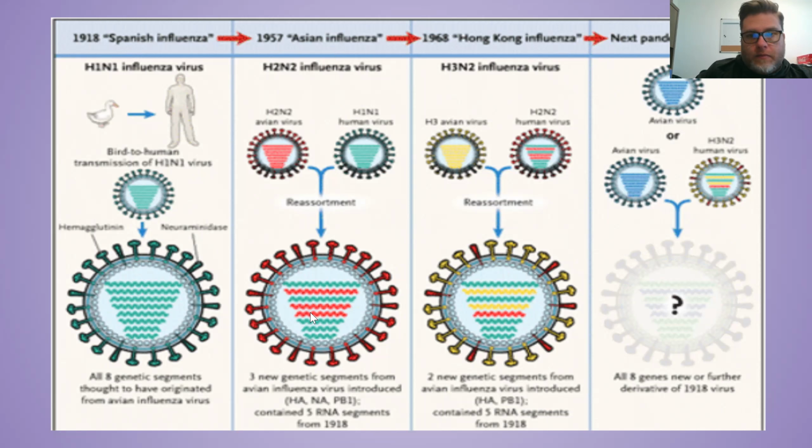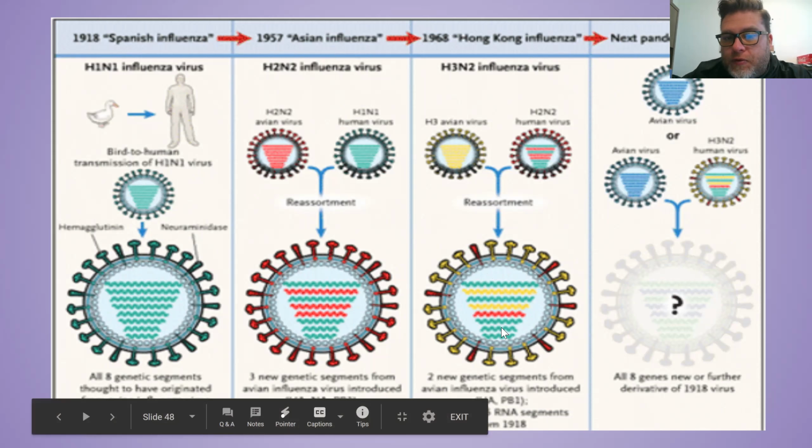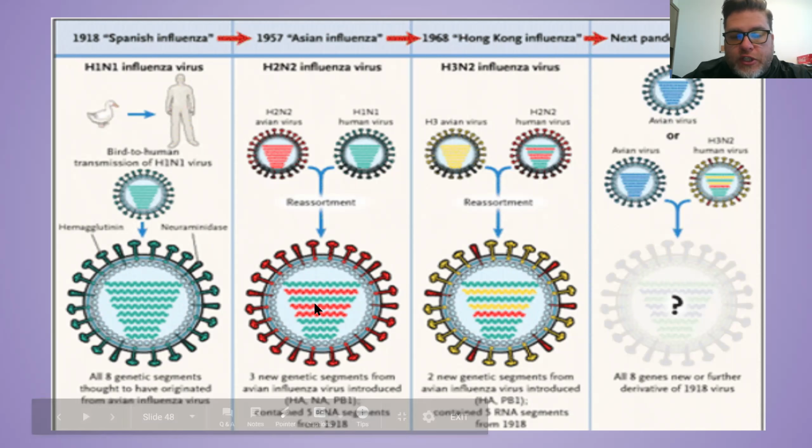Once again, that new one then comes in contact with another new strain of influenza, H3N2, and takes segments from that and combines it. So now we have five from the original, one from the one we just mutated from, and now this new avian flu, and we get two from that.